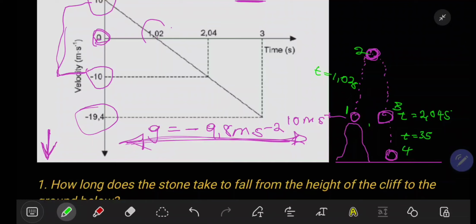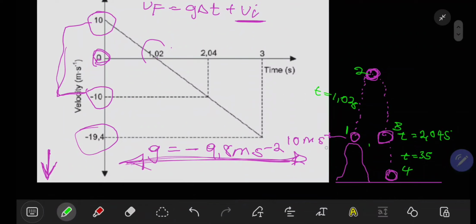the ground. Remember, we know the velocity. Initially, the velocity is 10 meters per second. Then here, our velocity is equal to 0 meters per second. That is where the ball reached the maximum height. And then at point 3, where the ball reached the same height as it was before, the velocity is negative 10 meters per second.